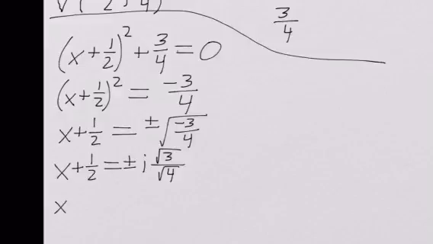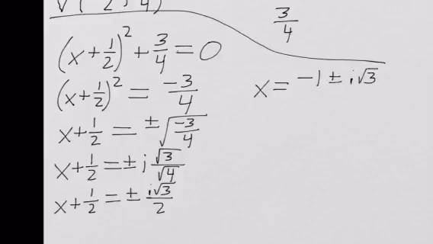So now in the next step, I can simplify the square root of 4. So i square root of 3 over 2. And now we can subtract 1/2 from both sides, and we get x equals minus 1 plus or minus i times the square root of 3 over 2.